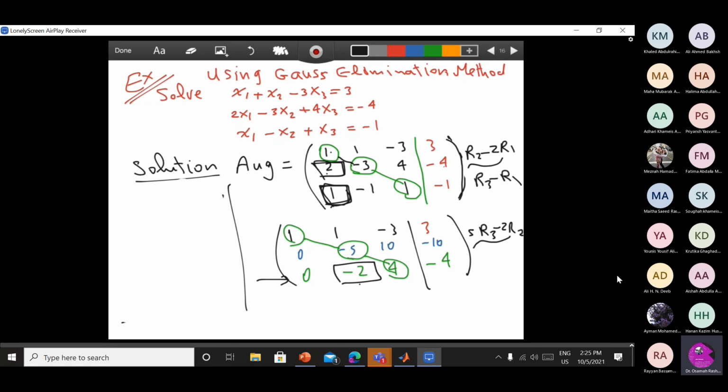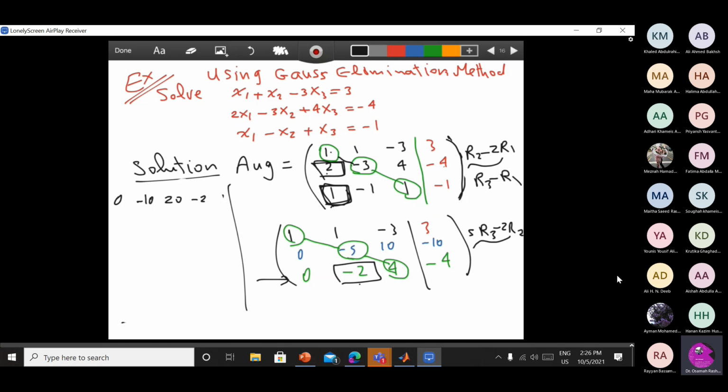So when I multiply it by 5, I have 0 minus 10, and 20, and minus 20. Okay.